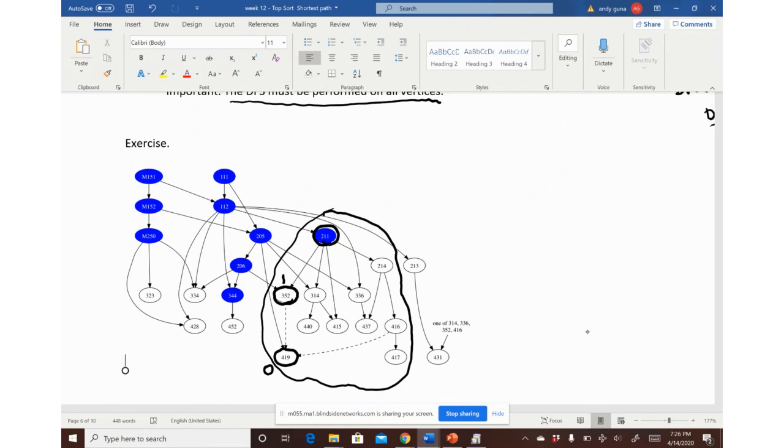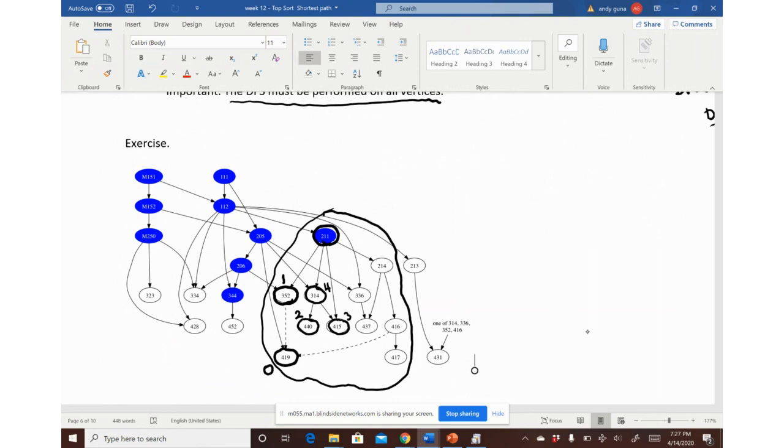Then I backtrack to 211, but I have more ways to go. So I'll go to 314 next and 440. And this I will label as 2. And then I backtrack to 314. From here, I can go to some other node, 415. So I will label that as 3. Then I backtrack to 314, which I will label as 4.